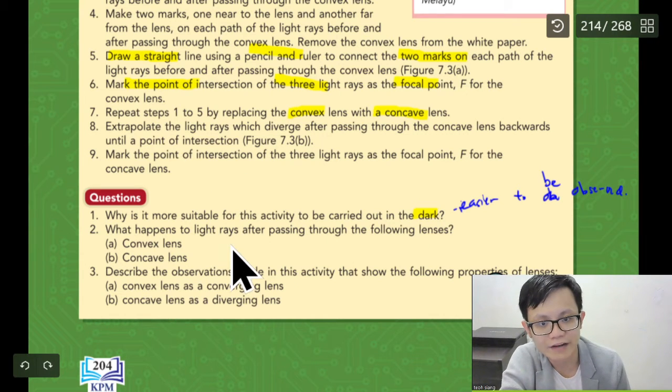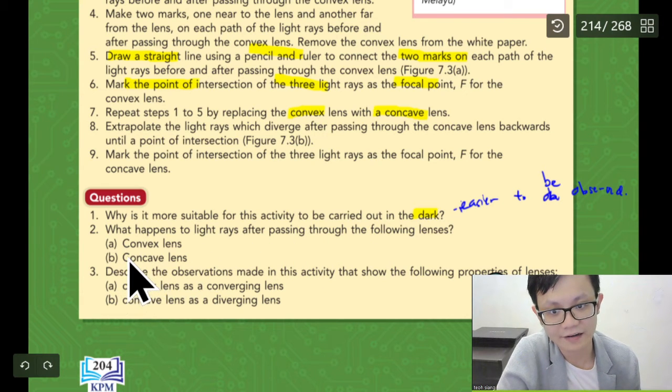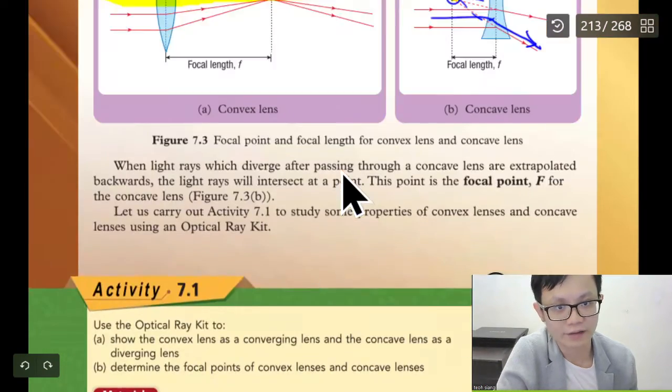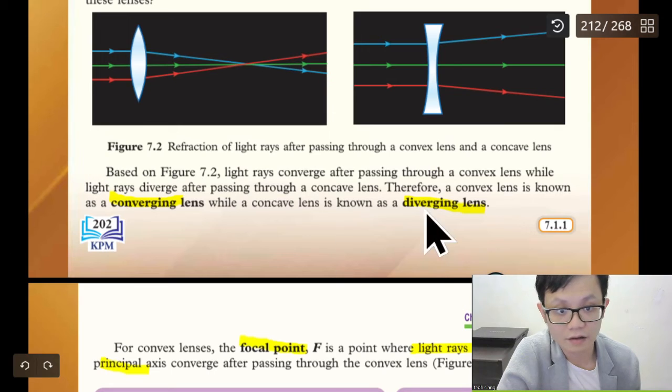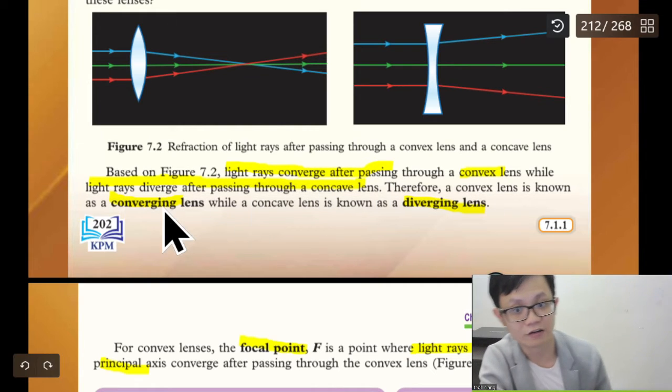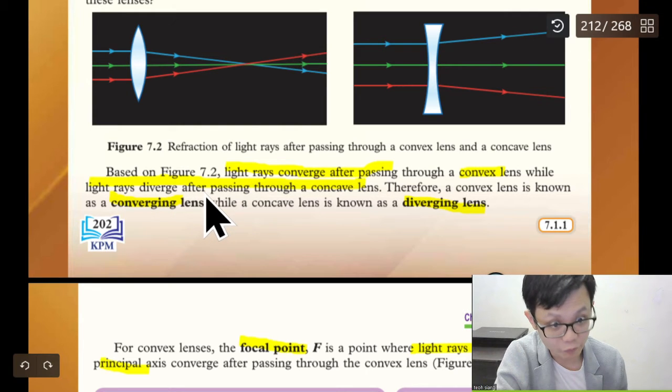What happened to the light ray passing through the following lens? Convex lens and concave lens. What will happen? So for the convex lens, we can say that the light ray converges after passing through it, and for the concave lens, the light ray diverges.